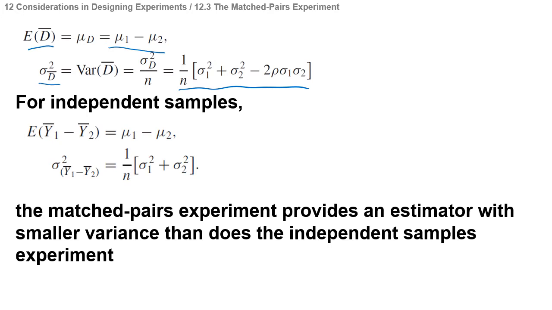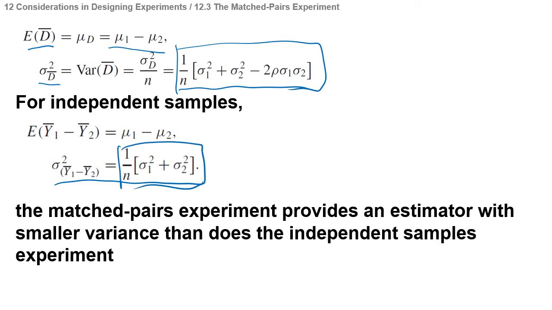If we have independent samples for treatment A and treatment B, population 1 and population 2, then we will have this variance. What's the difference between this variance and this variance? Here we have minus 2 rho sigma 1 sigma 2.